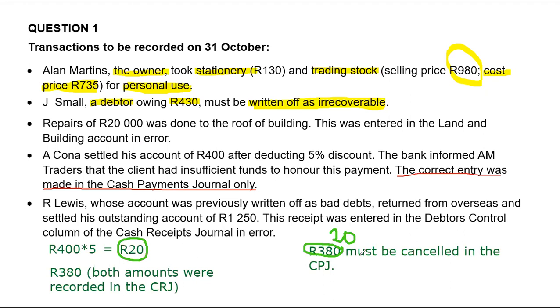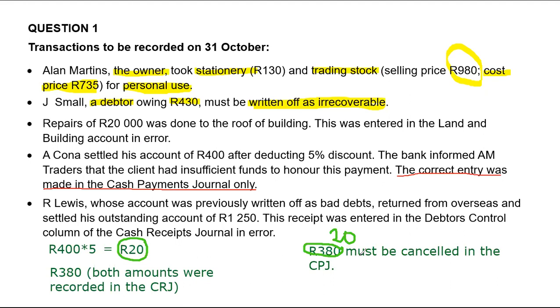Now, if you were to do analysis of transactions, you would have noticed that when we received this payment, we actually debited discount allowed, because discount allowed is an expense, and then we credited the name of the debtor, A corner in this case.